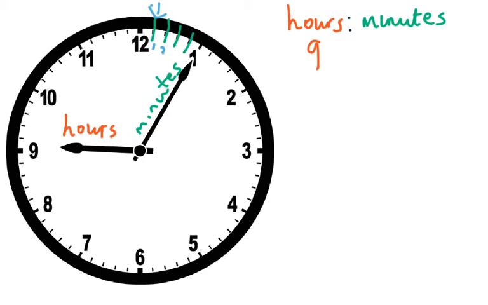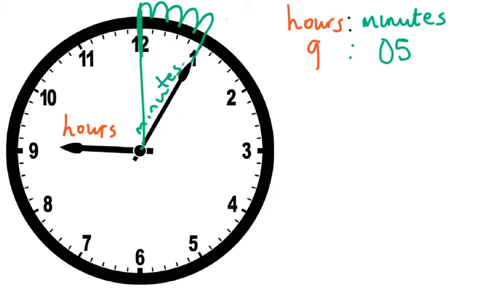If it was here, it would be 2 minutes past 9, 3 minutes past 9, 4 minutes past 9, and on the slightly more emphasised mark, it's 5 minutes past 9. So when the minute hand starts at the 12, it would be 9 o'clock. Then it moves to 1 minute after 9, 2 minutes after 9, 3, 4, and 5 minutes after 9 o'clock.